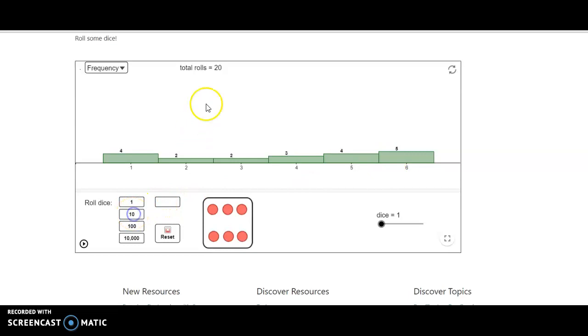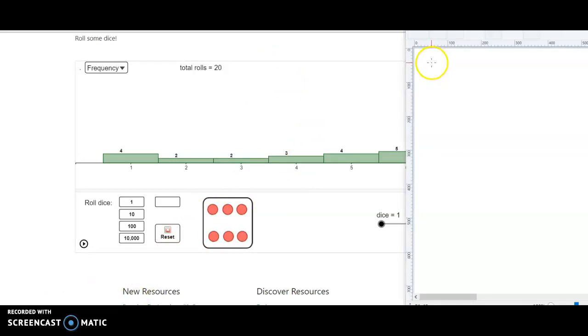If I roll it 20 times, notice the 20, and I'm looking at the probability of 1. Relative frequency approach means that we would have 4 out of the 20 rolls. But if I were to roll this lots of times, so let's write down what we're doing here.